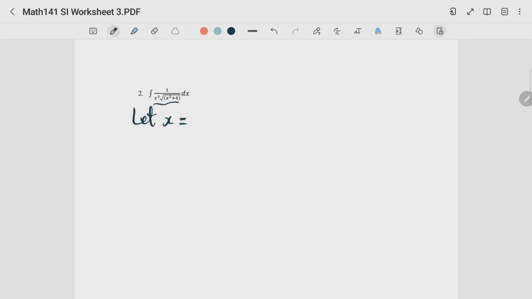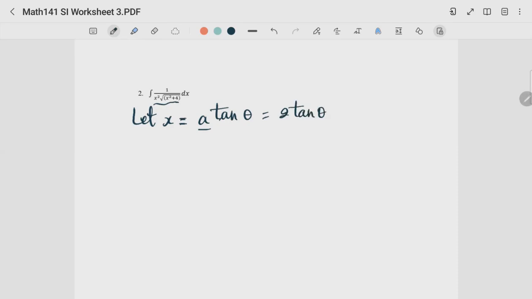Tan theta. Right, so the general rule tells you to use tan theta. It could be tan theta, tan u, it really doesn't matter at that point. But in our case, what is our a? Two. Right, 2.